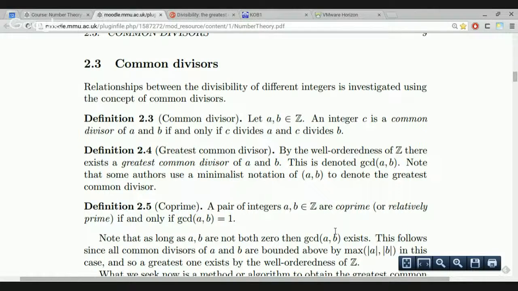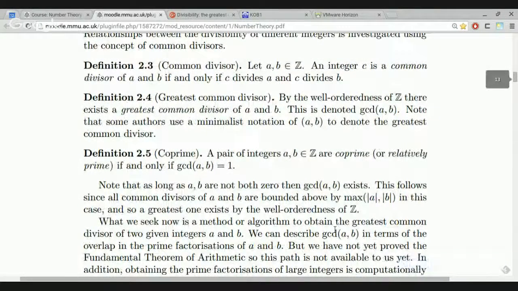Coprime numbers, coprime pairs: a pair of integers is coprime if and only if the greatest common divisor is just 1. So that means the only positive common divisor of the pair is 1. So 210 and 98 are not coprime, but you can easily write down some examples of coprime pairs.